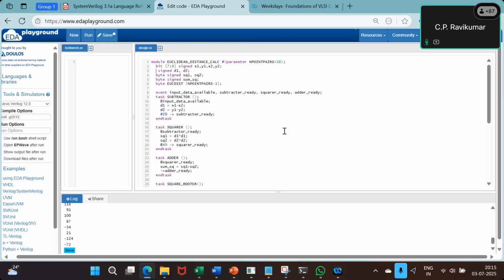Let us make this bit 8 to 0. Squarer may have maybe 15 to 0, right? And this is, let us say, bit 16 to 0. And this is real. Okay, the Euclidean distances are real numbers because we will end up with square root, right?